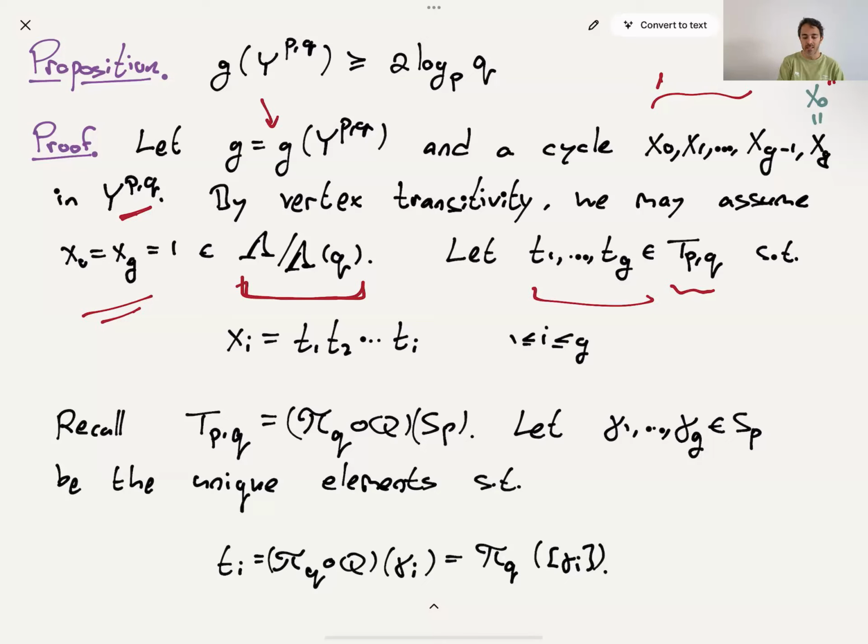So x_i is the product from t_1 up to t_i. Now the t_i are elements in T^{p,q}.